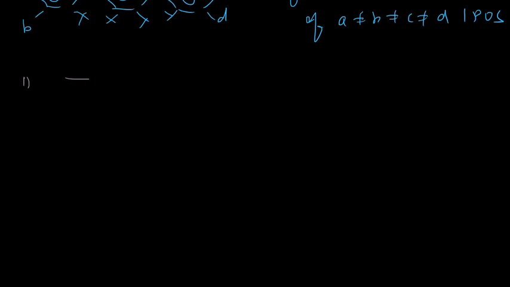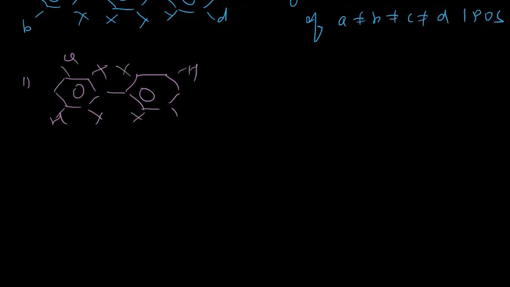first question, chlorine and hydrogen. Hydrogen and chlorine. So it has 0 POS because they are both in different planes. So it can't be a plane of symmetry, and since all the 4 substituents are different, and neither 2 of them on the same side are same.